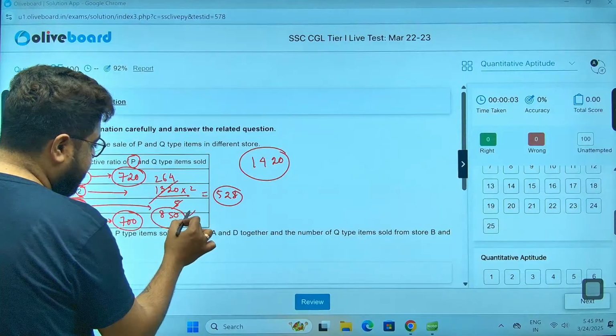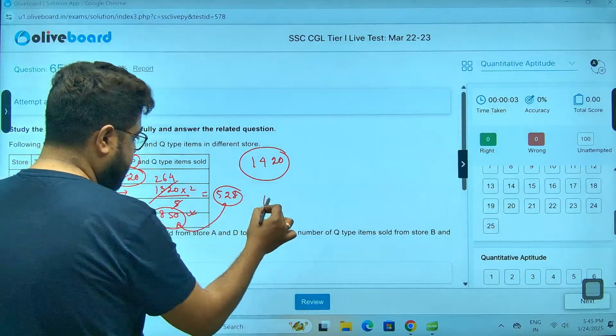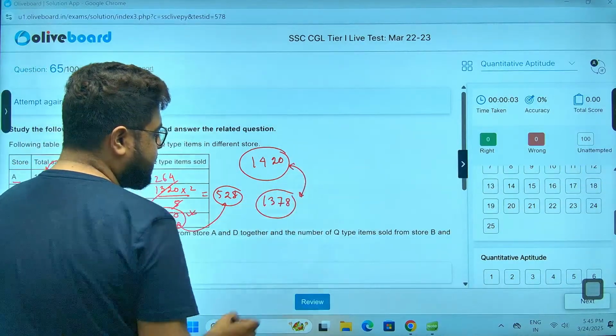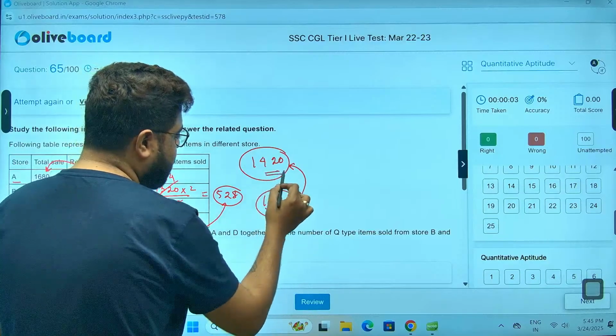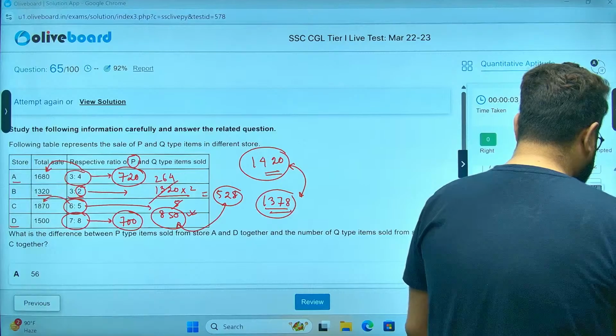So this is the second one. That means the total is 1378. They're asking the difference between these two values. 22 here, 20 here, so 44 will be the net difference, sir.